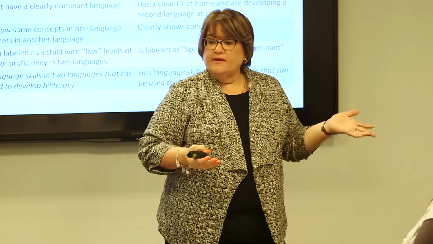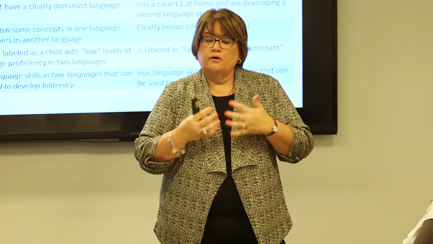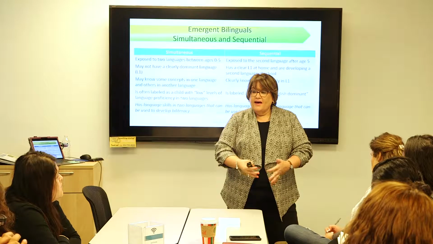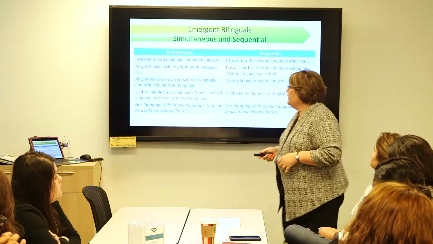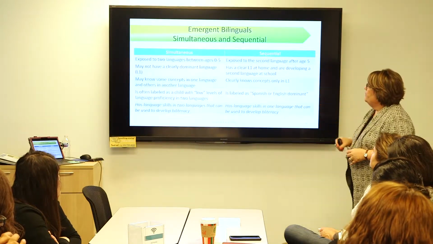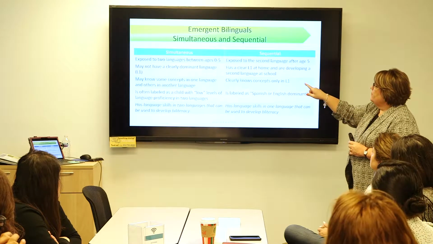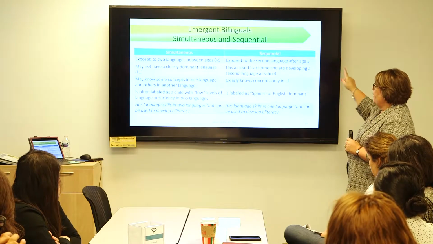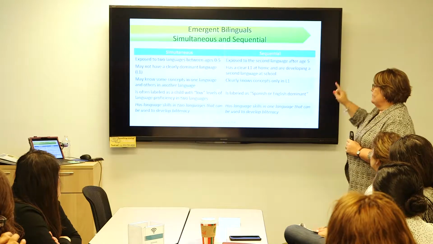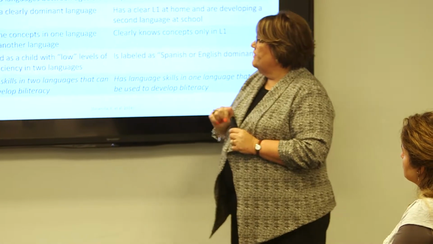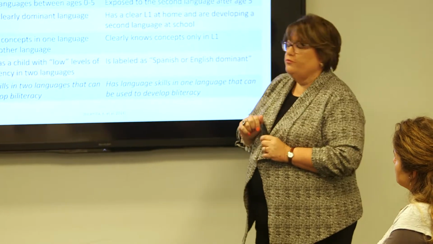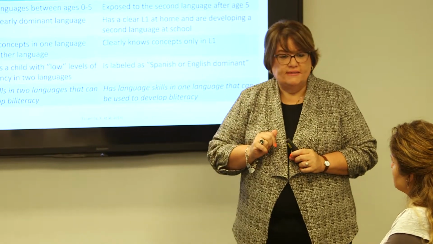I go back to the beginning when I talked about knowing our students and their linguistic configurations to better service them. And so in this case right here, may not have a clearly dominant language and has a clear L1. I'm going to connect this one here with this one here. It's often labeled as a child with low levels of language proficiency in two languages.